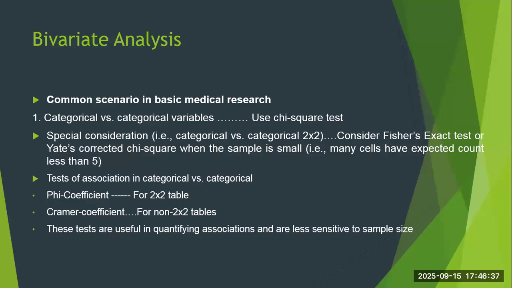So you may consider some form of correction, and it comes in two ways. Either you pick Fisher's exact test, or you use what they call Yates corrected chi-square. This is for a 2x2 table. But for a non-2x2 table, the correction is not attainable, but Fisher's is still attainable. So that is about that.